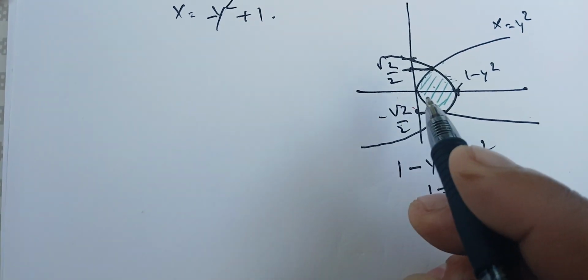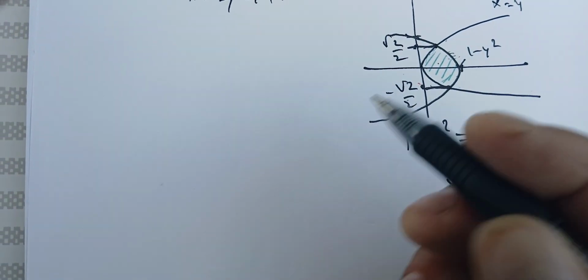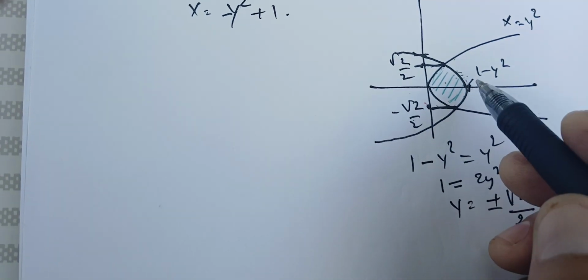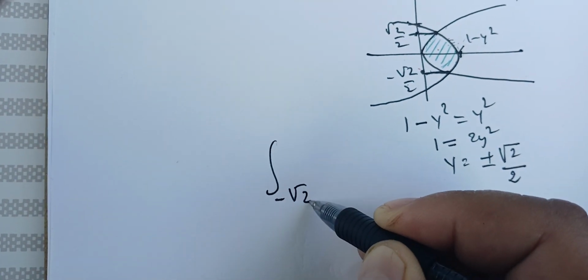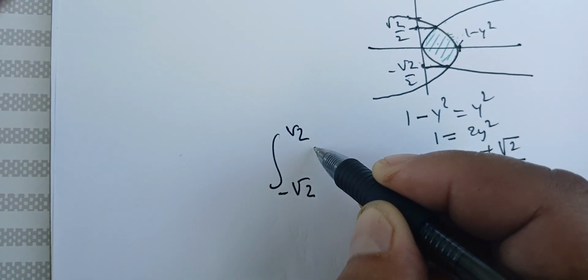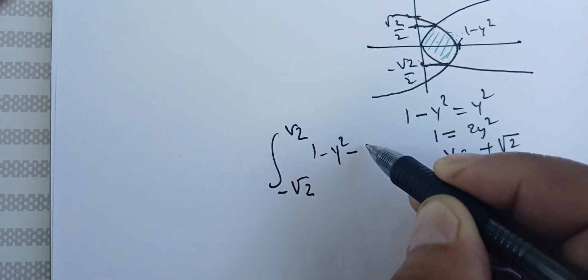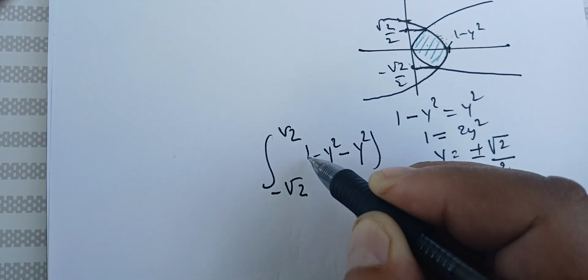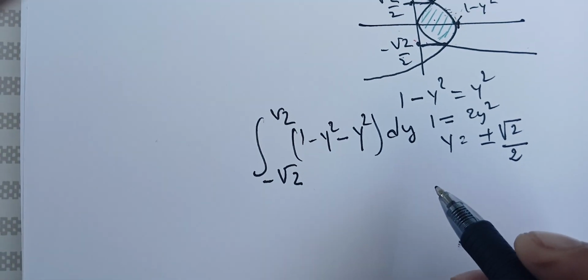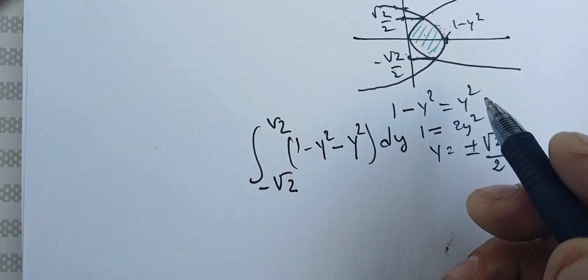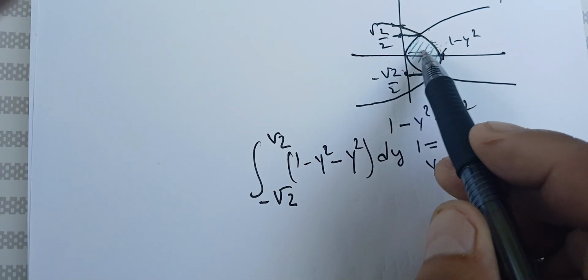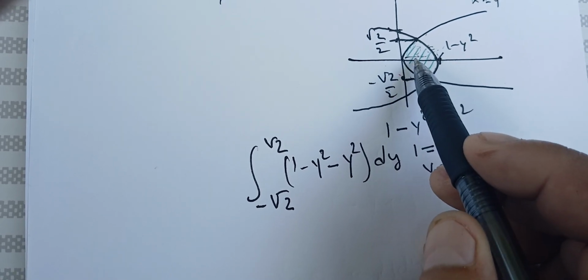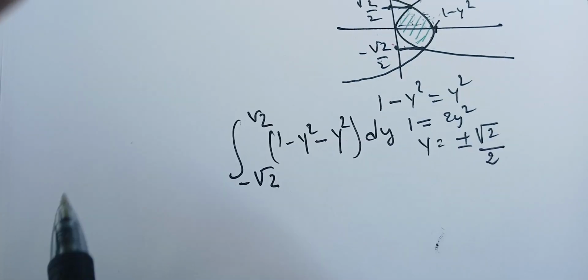Therefore, to integrate with respect to y, we take the right function on top, so we integrate between minus square root of 2 over 2 and square root of 2 over 2, and we have 1 minus y squared minus y squared dy. We could have also noticed that we can just integrate this first part here, because the function here is even.